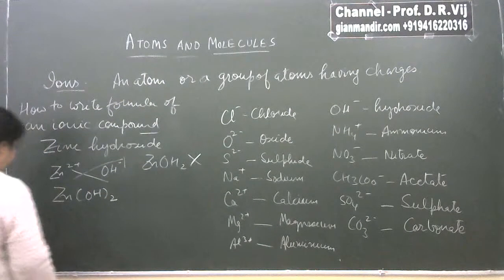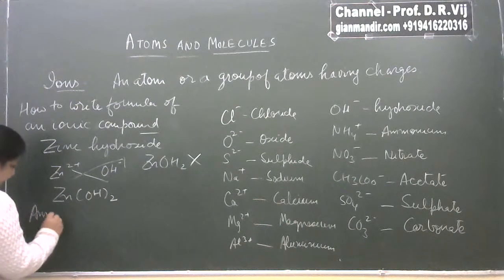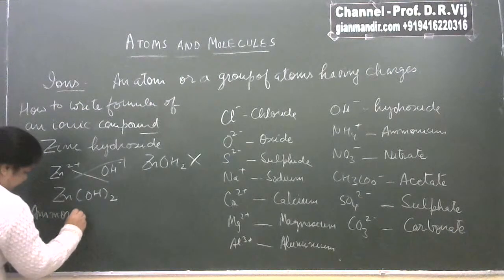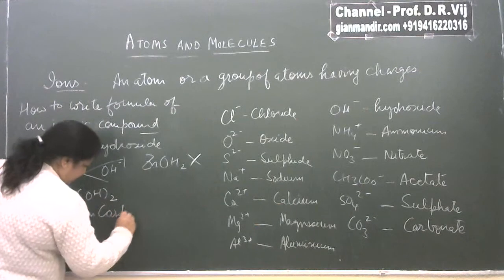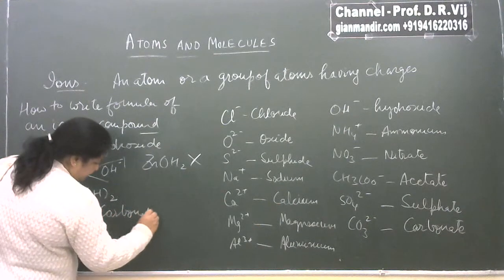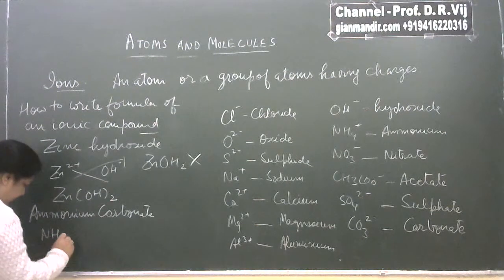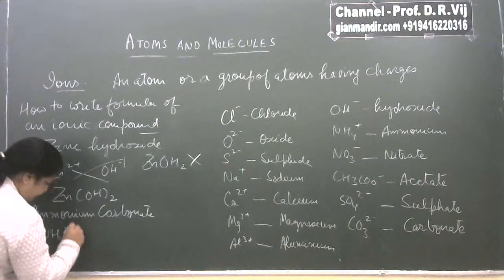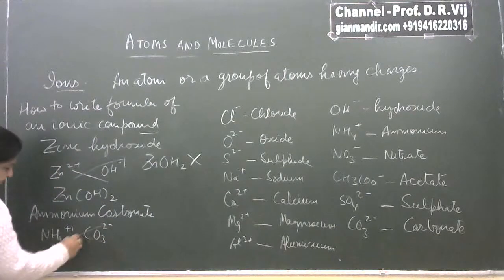Let's have another example. Suppose you need to write the formula of ammonium carbonate. Ammonium is NH4⁺ and carbonate is CO3²⁻.